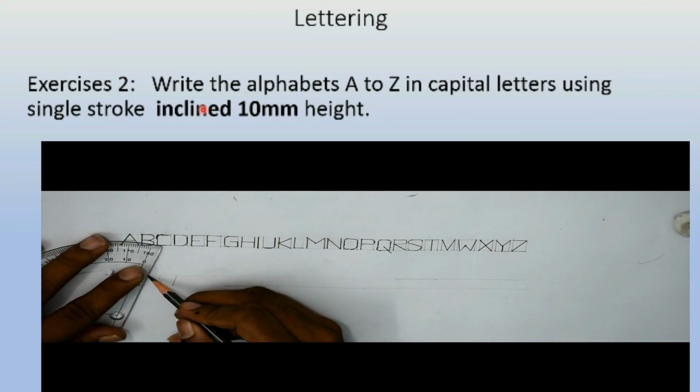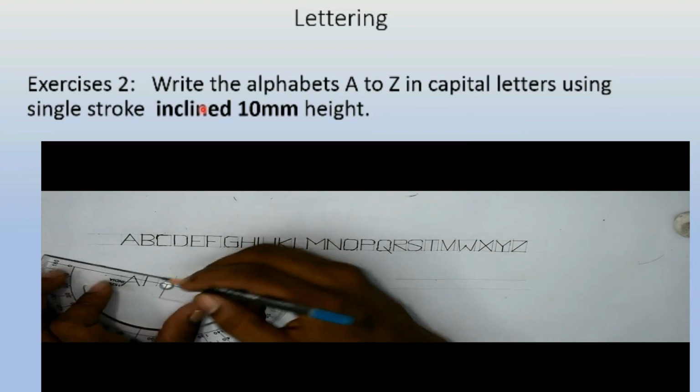In a similar fashion, we will draw the letter B also.